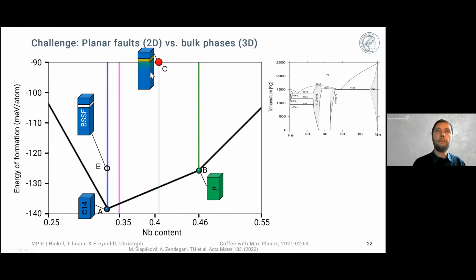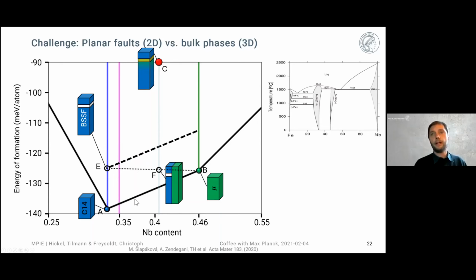And what we need to compare is such a defect which contains additional niobium with the synchro shear defect, where the additional niobium content is taken care of by just bulk mu phase. We do it in a way that we take the same chemical potential of niobium as we have in the phase separation case.